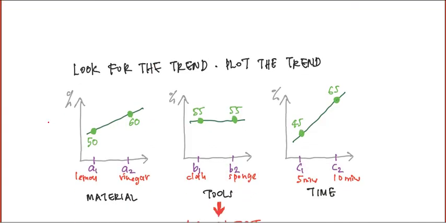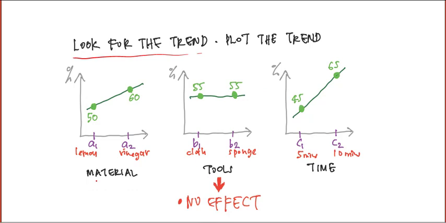Now we need to draw this graph or plot to find the trend. For each parameter, we need to draw this graph. Material, tools, time are our parameters. We have two levels for each one of them, and we have already found an average value. This is the desirability, this percentage.